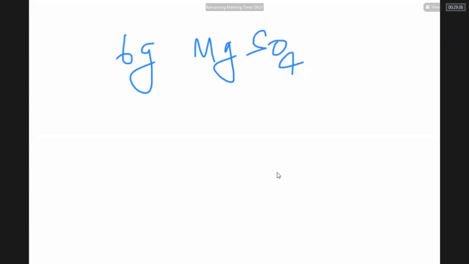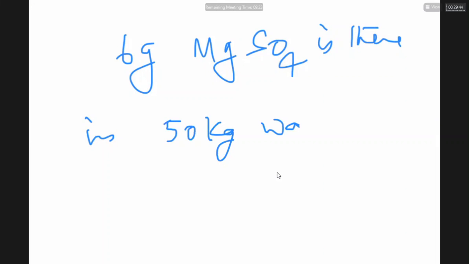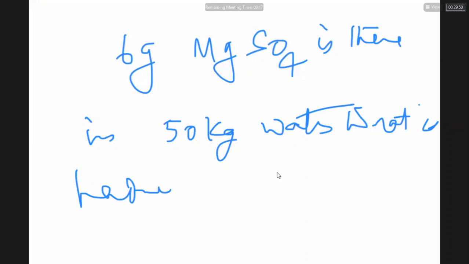Let's take a problem. 6 grams MgSO4 is there in 50 kgs of water. What is the hardness? Can you work it out, sir? Solution.